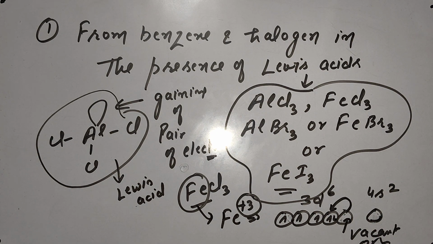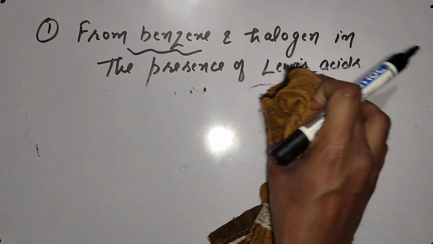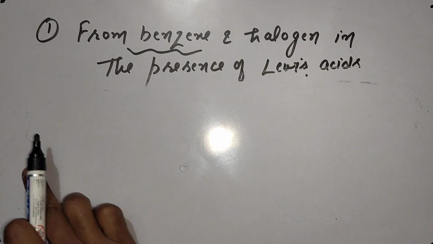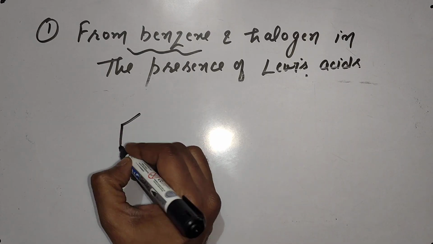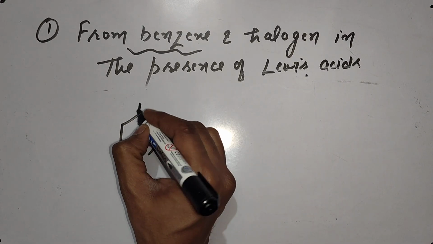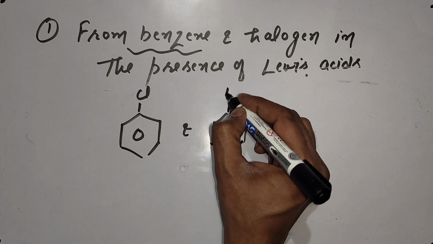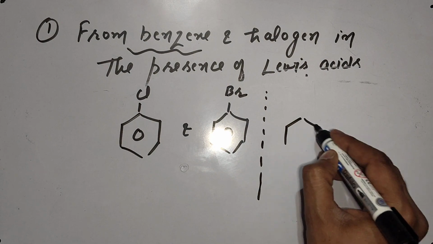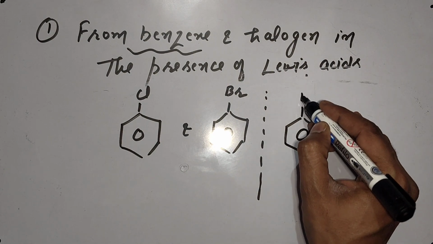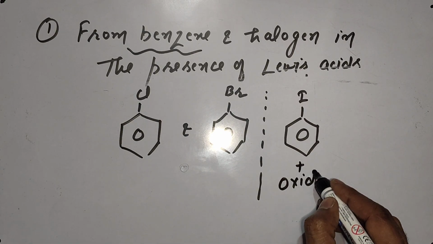Now how they will work in this preparation method, let's understand. First, let me clarify. With this preparation method, we can prepare chlorobenzenes and bromobenzenes. If we want to prepare iodobenzene with this method, we need one more chemical, oxidizing agents.